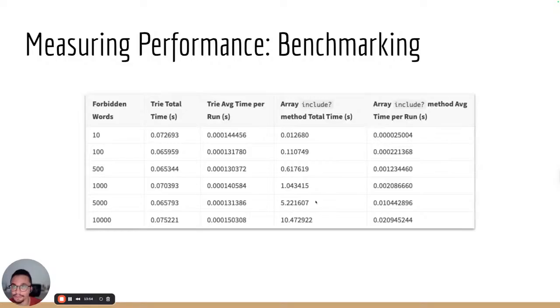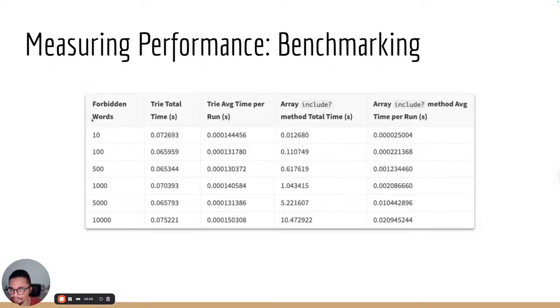And now measuring the performance, the benchmark. You can stop the video if you want to see this with more time and more calm. But here we are comparing the time, with the number of forbidden words starting at 10 and going up to 10,000 words.